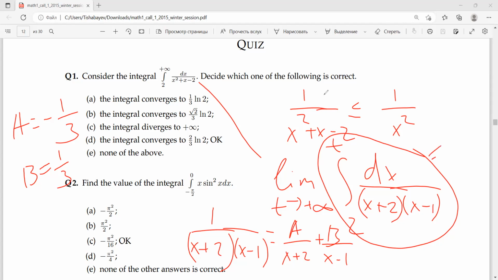So it will be now equal to the limit as t tends to plus infinity, from 2 to t. It's not possible here to write, so let me write here.